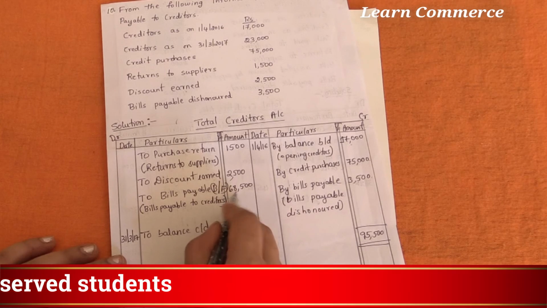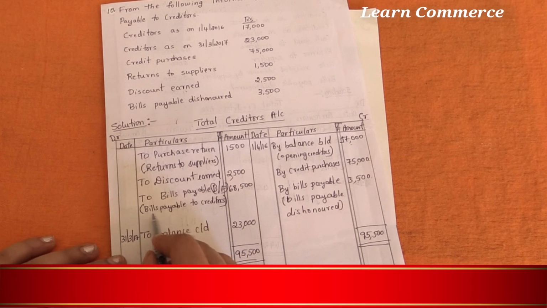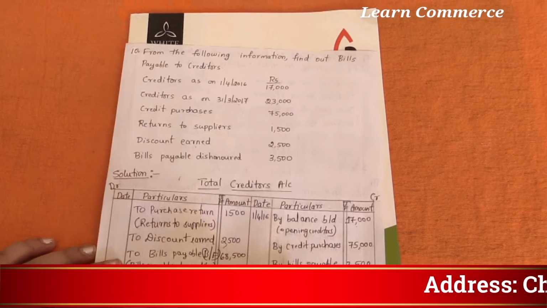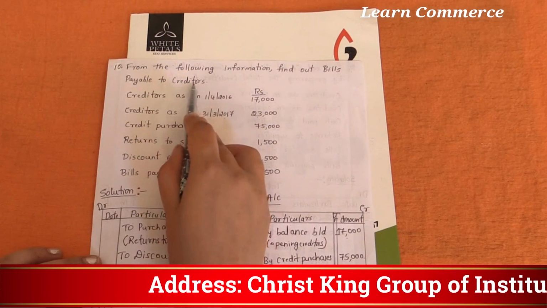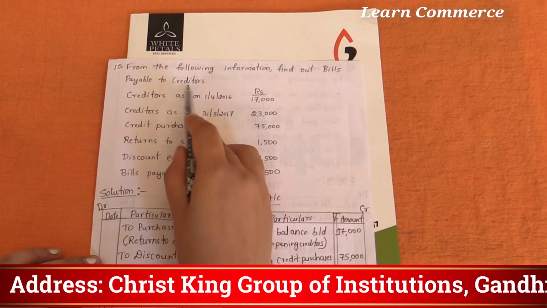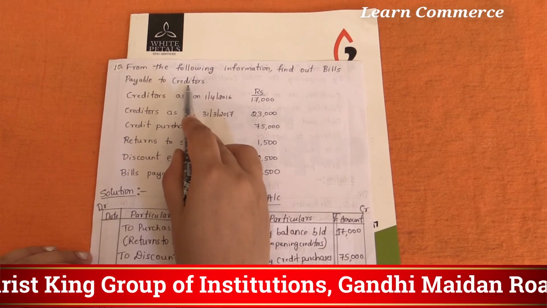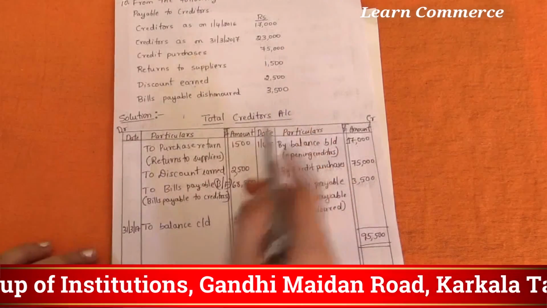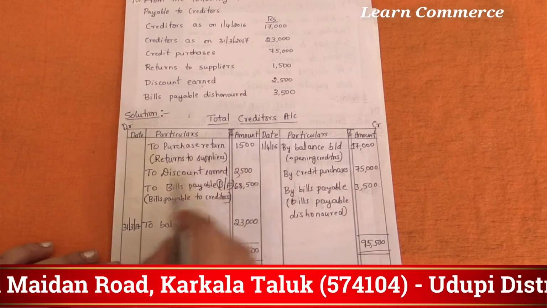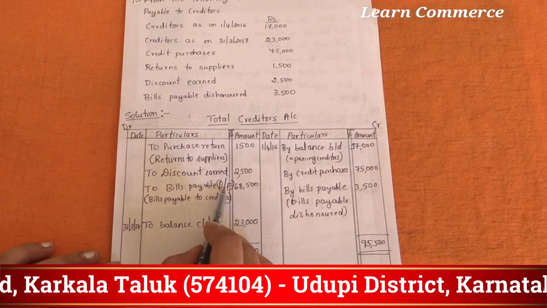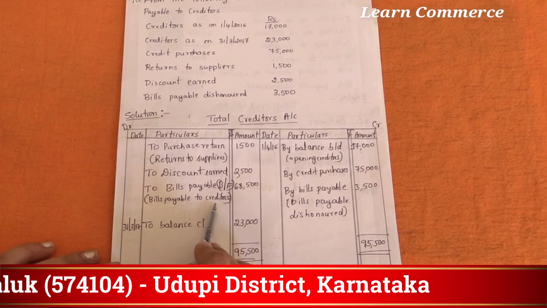The answer is 68,500, bills payable to creditors. In the question they asked to find out bills payable to creditors. Bills payable to creditors is always recorded in the debit side. Yes, we got it. On the debit side we get 68,500, that is to bills payable, balancing figure, bills payable to creditors.